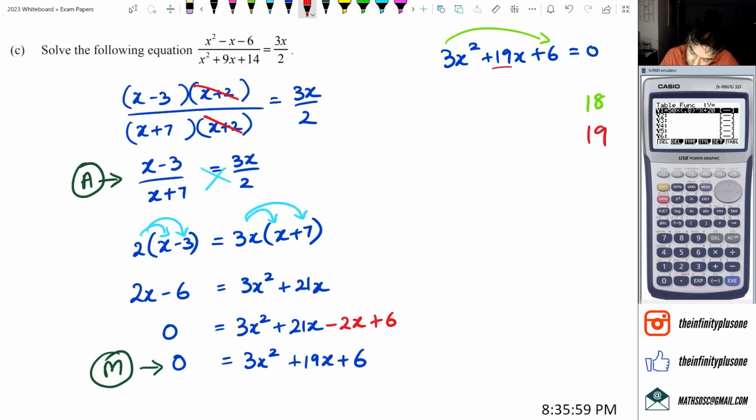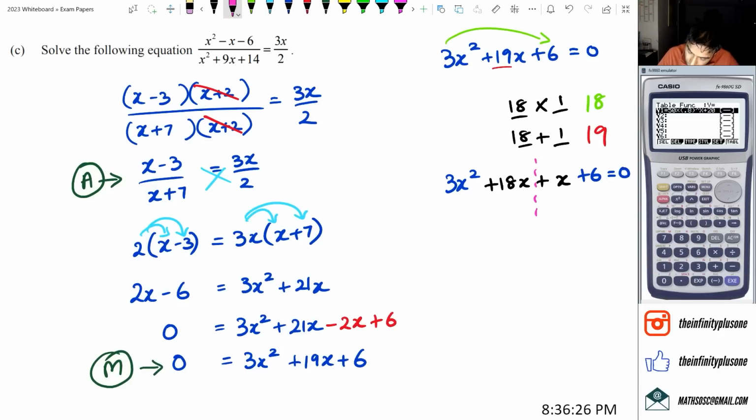I am looking for two numbers that multiply to 18 and add to positive 19. So it's quite a nice one. It's just 18 and 1. So I've got here 3x squared plus 18x plus 1x plus 6 equals 0. So split them up into 2.